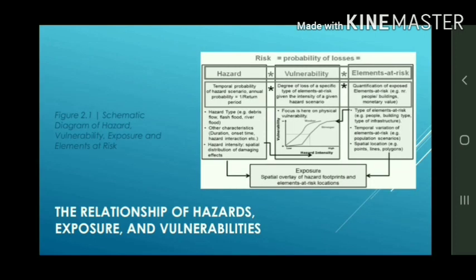So we have the figure or schematic diagram of hazard, vulnerability, exposure, and elements at risk. So this figure here, or an example of schematic diagram in our slide, helps us to properly assess connection of hazards, exposures, and vulnerability depending on a given situation.